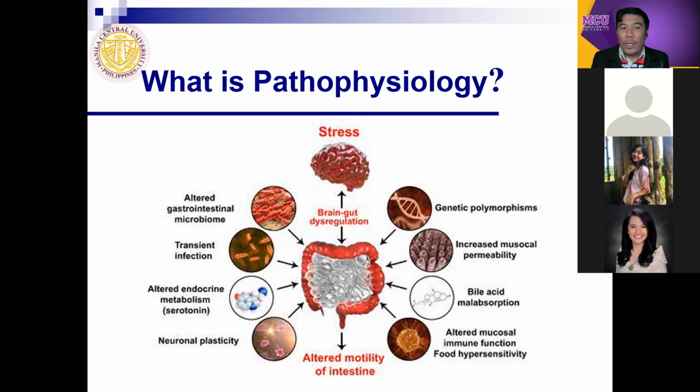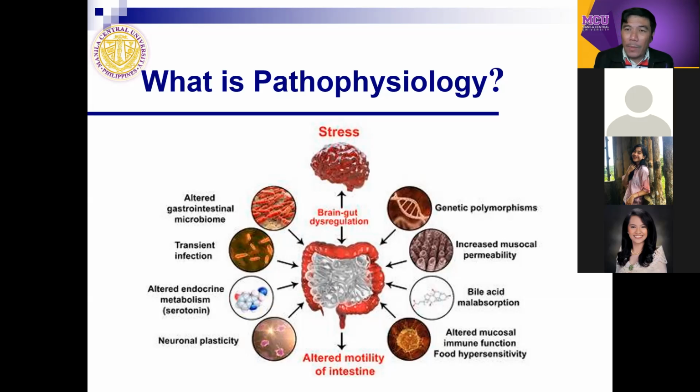If we say gastrointestinal microbiome, there is the presence of healthy microorganisms in the body, just like the lactobacilli. Stress can definitely cause alteration of the functions of the gastrointestinal microbiome.